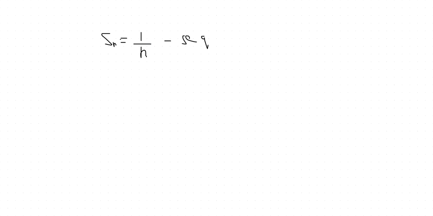So what it means for a sequence to converge is, as given in our example, Sn is equal to 1 by n. As n tends to infinity, Sn tends to 0.